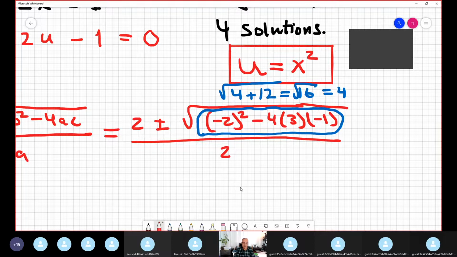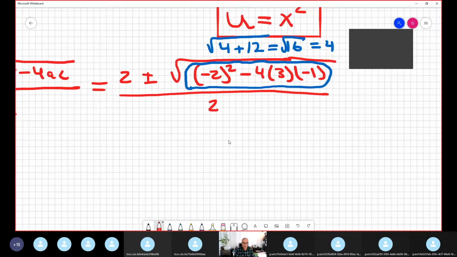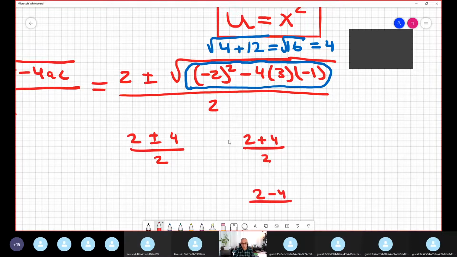So far, we have 2 plus or minus 4 divided by 2. The 2 plus 4 over 2 and 2 minus 4 over 2. 2 plus 4 is 6 divided by 2 is 3. And 2 minus 4 is negative 2 divided by 2 is negative 1. And this is the answer.